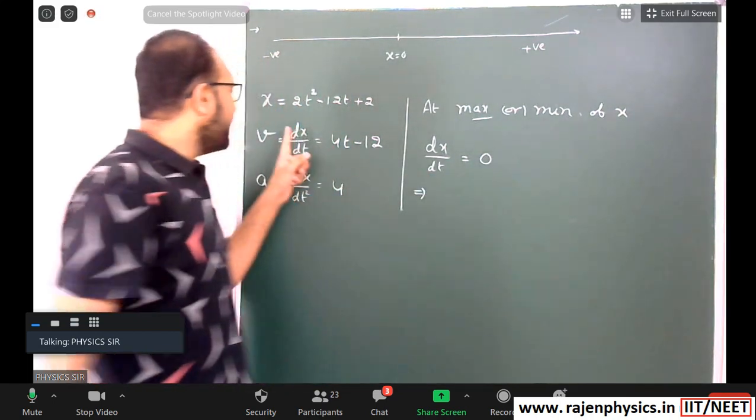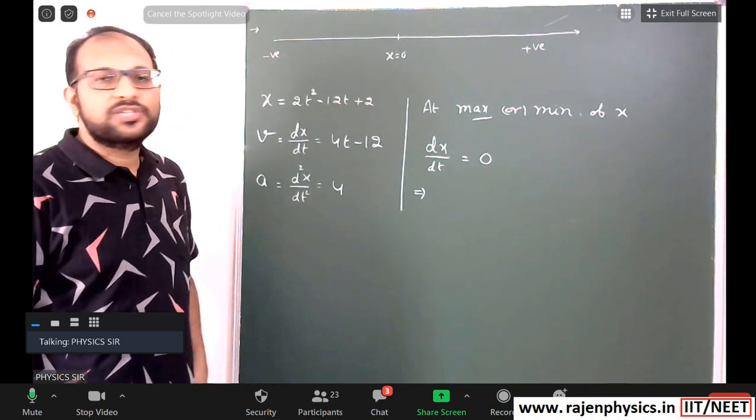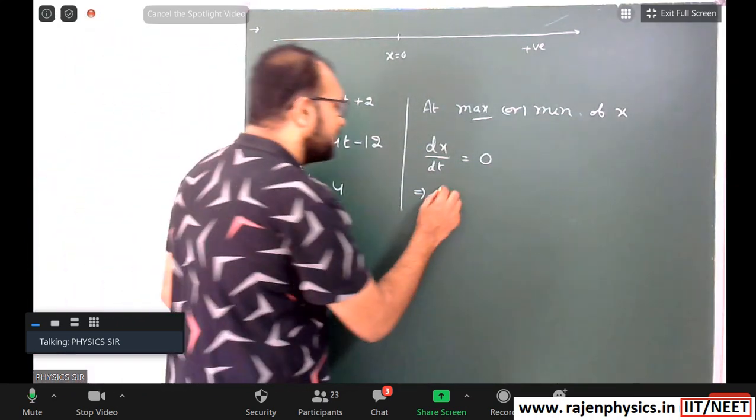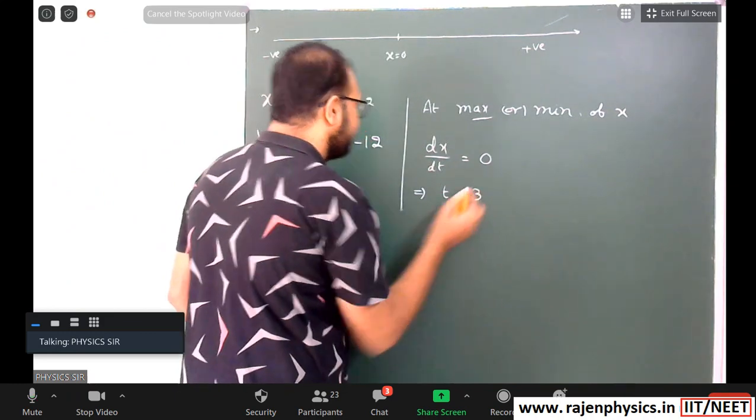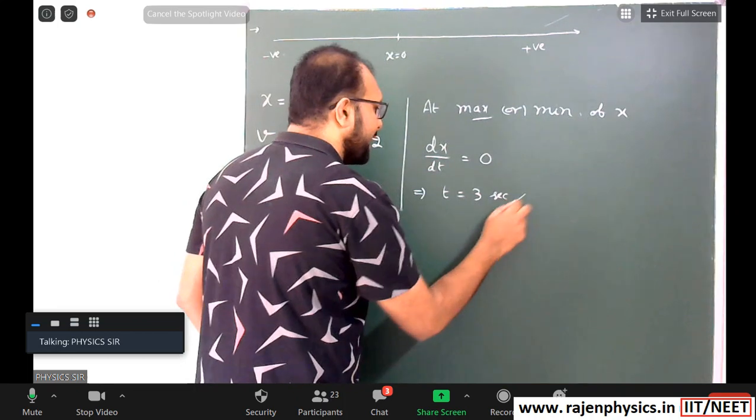But students, dx by dt is already found as 4t minus 12. 4t minus 12 is 0, so t is nothing but 12 by 4, that is t equal to 3 seconds.